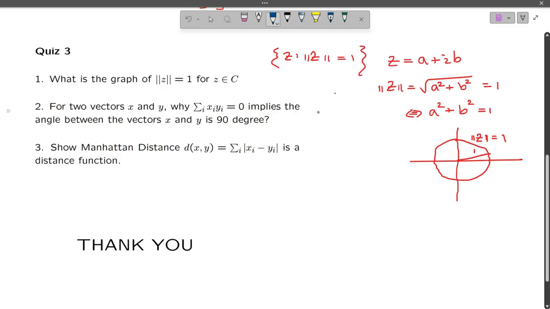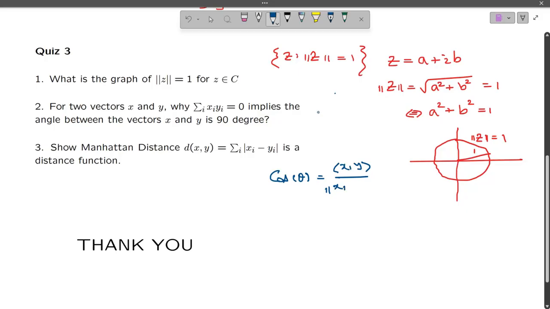For two vectors x and y, summation xi yi equal to 0 implies the angle between the vectors x and y is 90 degrees. So let the angle be theta. We have the formula cos theta, where theta is the angle between x and y, equal to the inner product of x and y divided by norm x times norm y.